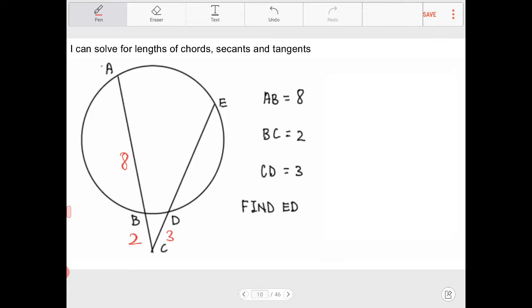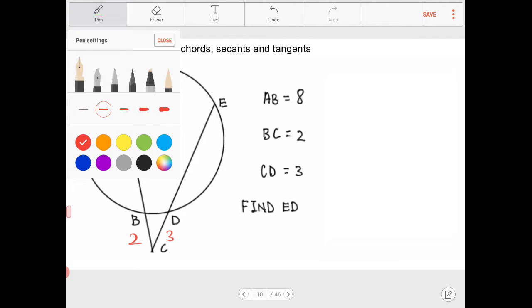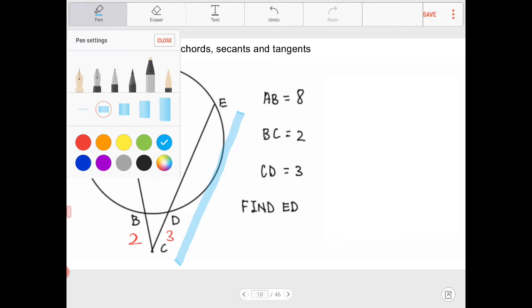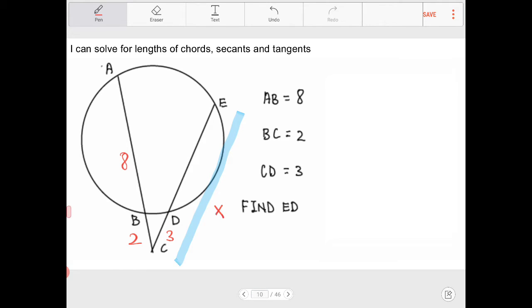The formula calls for the product of the segment that's outside multiplied by the overall length. So I'm going to call the overall length X. I'm going to figure out what X is first, and then from there I can figure out the length of ED.